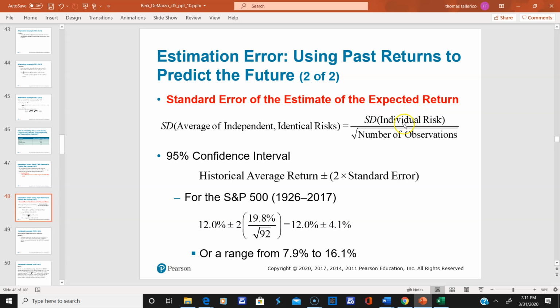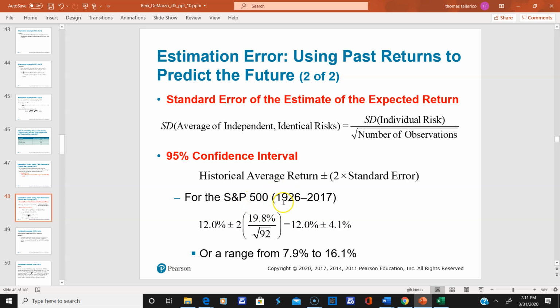What we're looking for here is the 95% confidence interval, which I should highlight. That's what we're ultimately looking for. How much confidence do we have in our numbers? The historical average return is plus or minus 2 times the standard error. That gives us our historical average return.